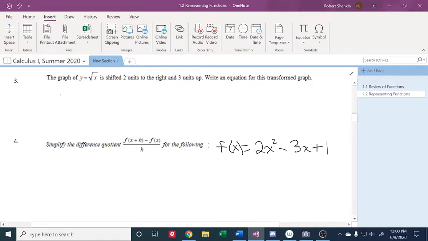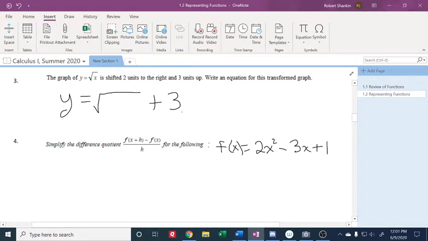So when I shift something up, that's the easier one. All we do is put a plus 3 at the end of it. When I shift something to the right, then I replace the x with either x plus 2 or x minus 2.